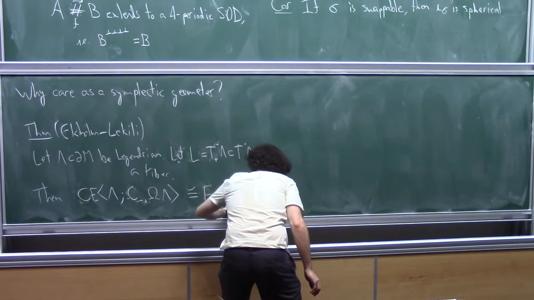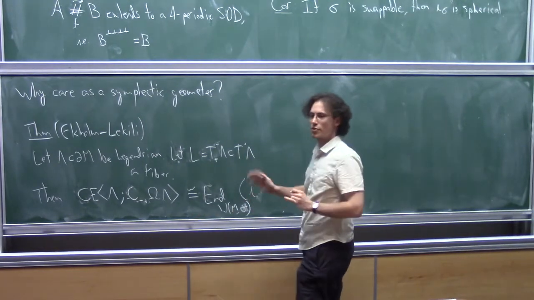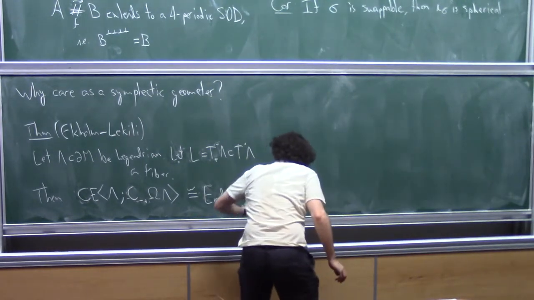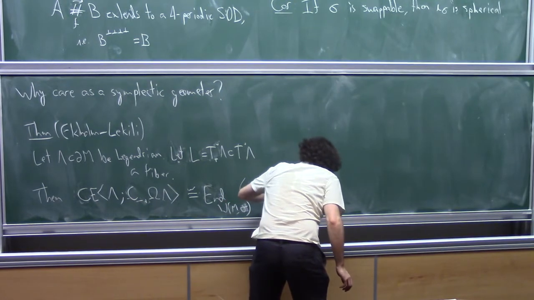So sigma is the stop associated to lambda, of I sigma L.